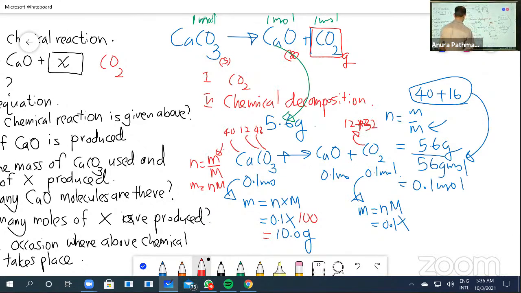So you multiply it by 44. That means 4.4 gram of carbon dioxide will be produced.